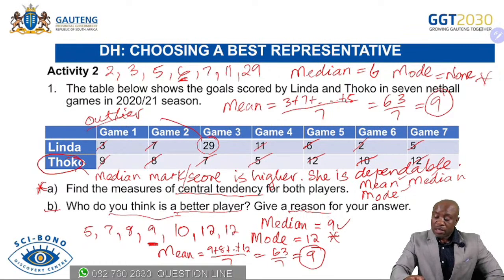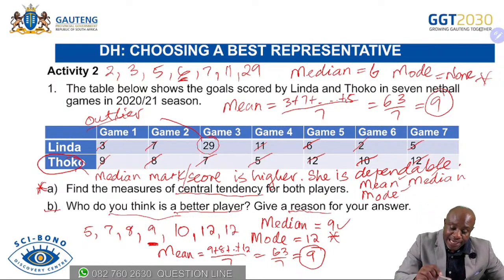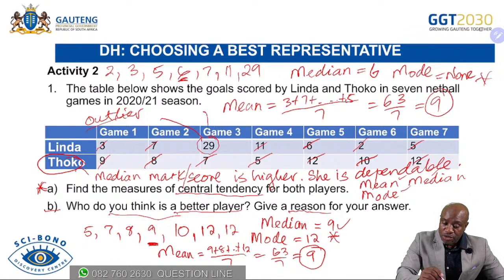Therefore, we cannot use the mean in this situation, because there is an outlier. There is an extremely high value, and remember, it can be extremely low as well, which means there is something that we need to look at there. Why 29?